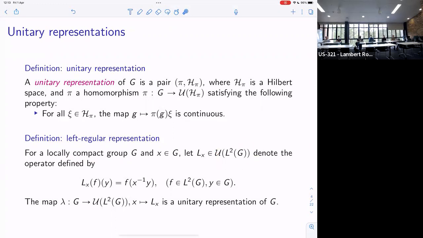So it makes sense to talk about, say, the space of square integrable functions on our group G. And for every element x in our group, we can define a unitary operator on L2 of our group that just acts by left translation on square integrable functions. And the homomorphism that sends an element x of our group G to the unitary operator L_x is a unitary representation of the group G. And so this works for any locally compact group.